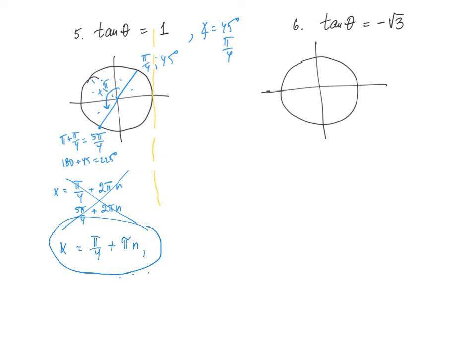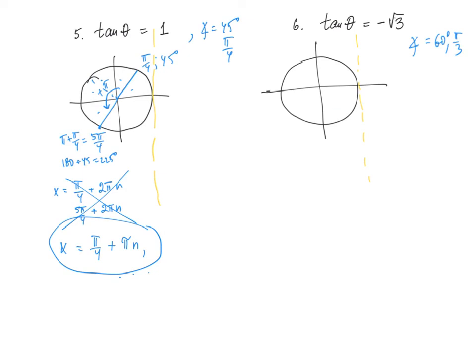Let's see what happens with a negative tangent. So tangent is negative radical 3. What's the reference angle? Think quickly. The reference angle would be 60 degrees or pi over 3. If we visualize it on the tangent line, tangent is negative in the second and fourth quadrant.